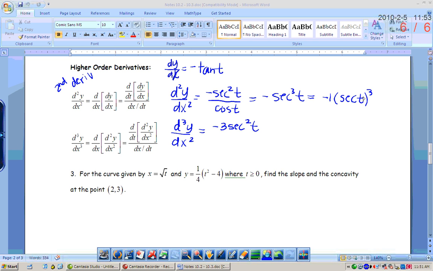So we just need to use the chain rule to take that derivative. 3 times negative 1 is negative 3. You decrease your exponent, and then I have to take the derivative of secant, which is secant t tan t. And then divided by the original dx/dt. All right, so if we really wanted to, we could simplify this into probably something else, but I'm not really interested in that.